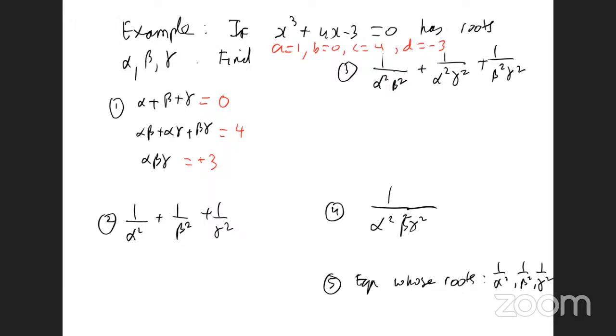You have to simplify it, then you could use the formula. What will the numerator be? Ideally it would be beta squared gamma squared, but the numerator will be alpha squared beta squared, alpha squared gamma squared, and beta squared gamma squared. Now you can use the formula I gave you.